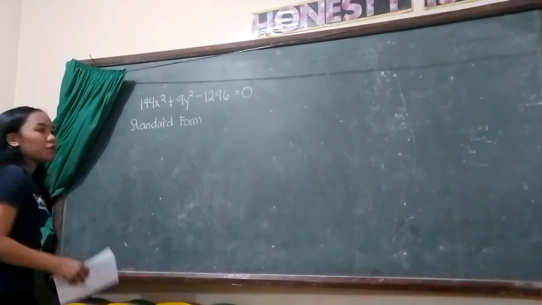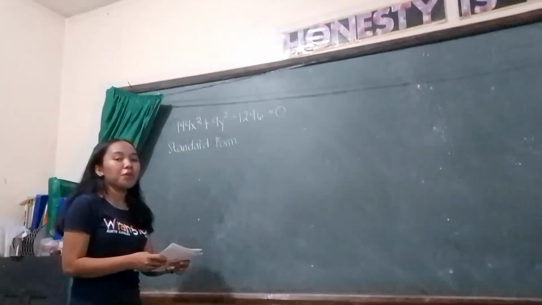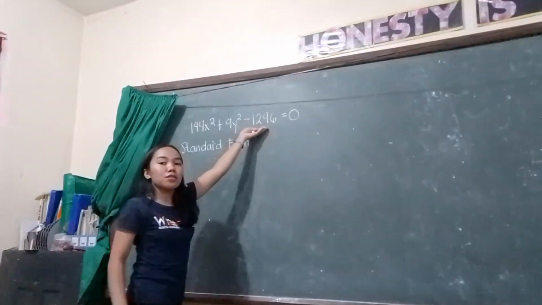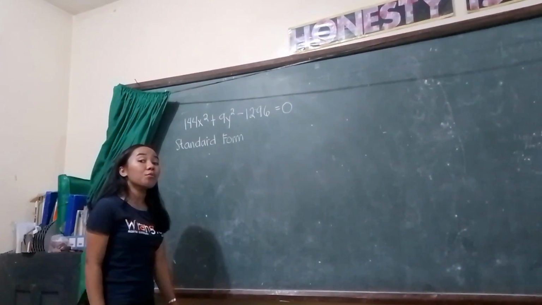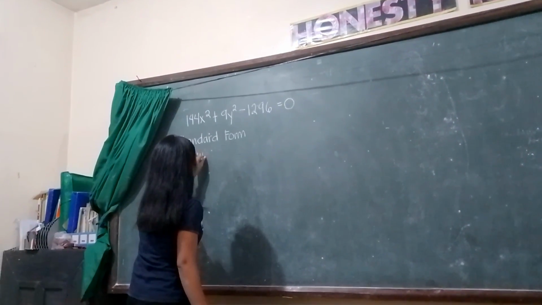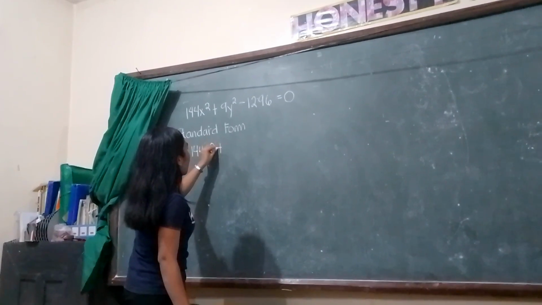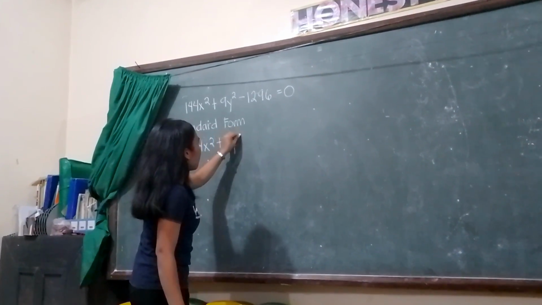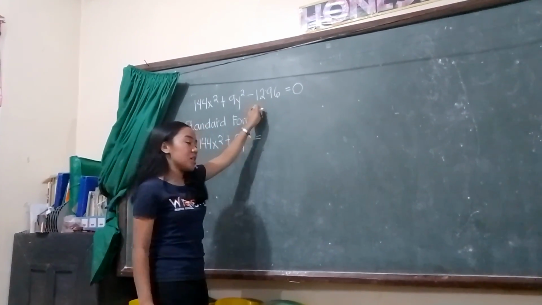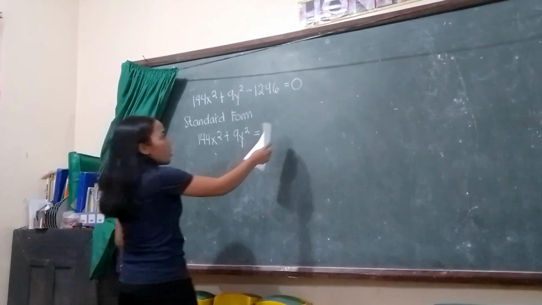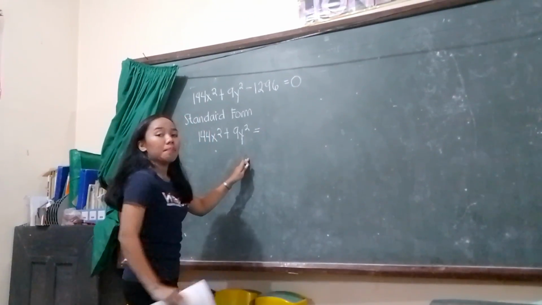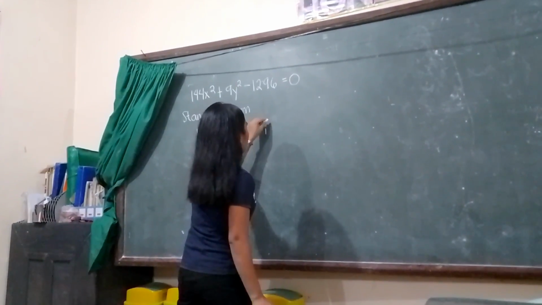So, as in our example earlier, we have to transpose this one so that we can equate it into 1 later. So we have 144x squared plus 9y squared is equal to, from negative 1,296, if we transpose it to the right side, it will become positive 1,296.